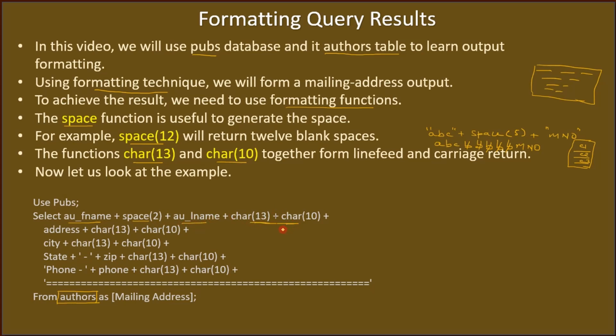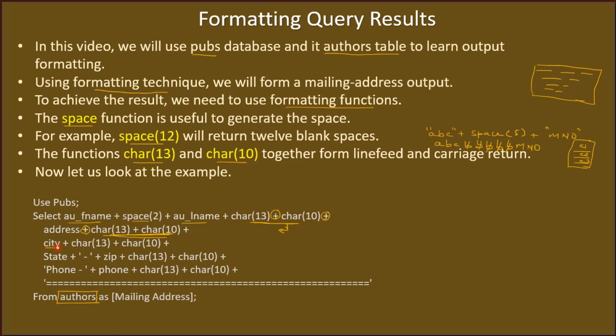So here we are forming an enter. Between first name and last name we add 2 blank spaces. After that we are printing the address. This plus is the concatenation operation for strings and characters. Then once again we perform concatenation, and this is for the enter button, or simply carriage return and line feed.